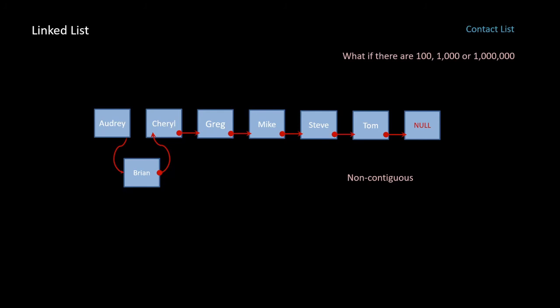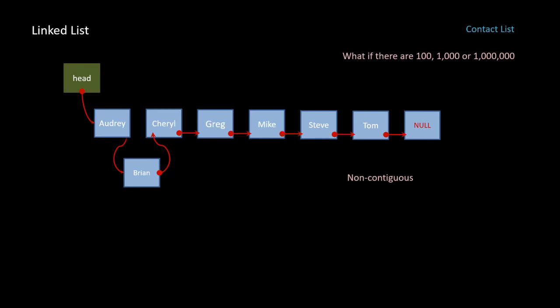So one more thing to consider is what happens when I want to start my linked list and I don't have any contacts in there. I haven't even started with Audrey. So what happens is we create this different class, this head pointer.